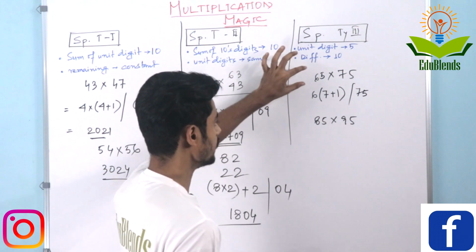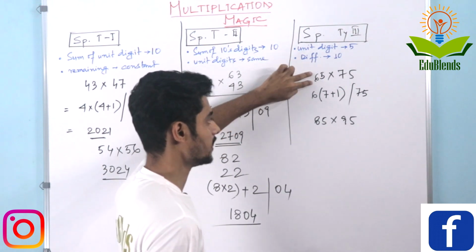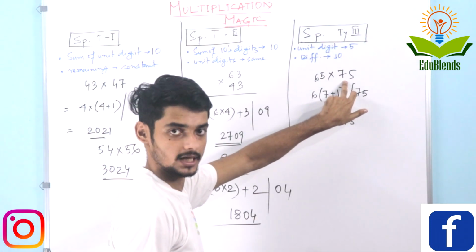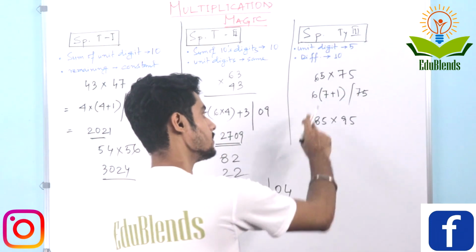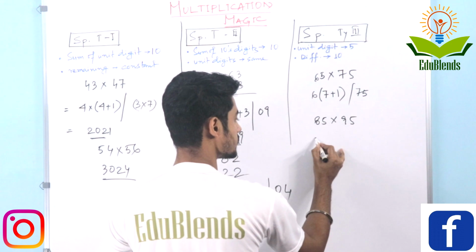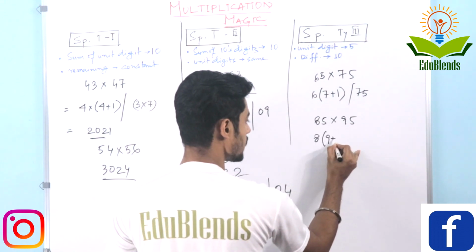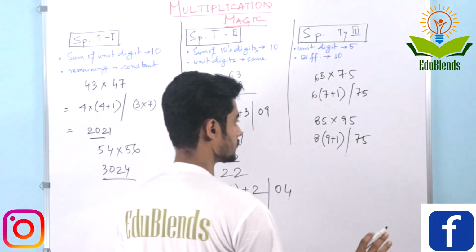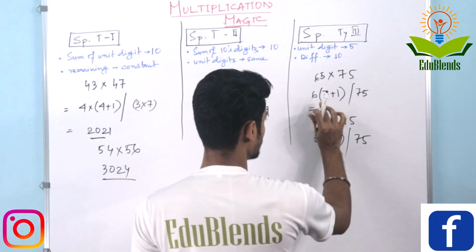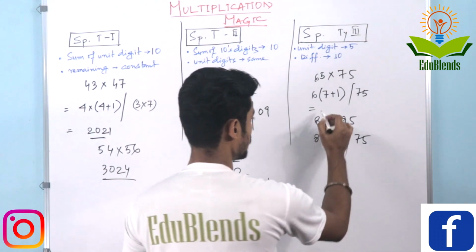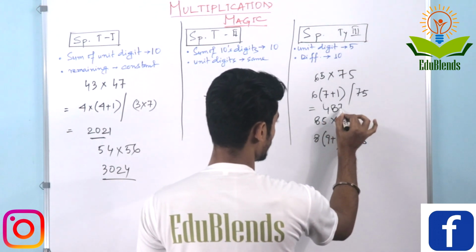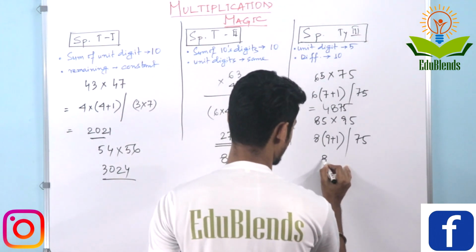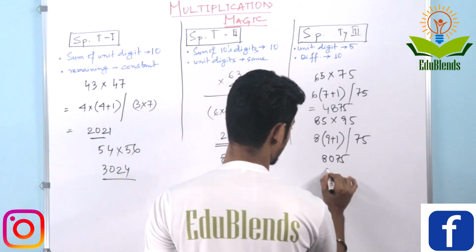We are multiplying the smaller number's tens digit with the tens digit of the larger number plus 1, like 6 into 7 plus 1, and in this case 8 into 9 plus 1, and this is directly 75, nothing else. Now the answer will be 6 into 7, 42 plus 1, 43, 75. This will be the answer, and in this case 80, 75 will be the answer.